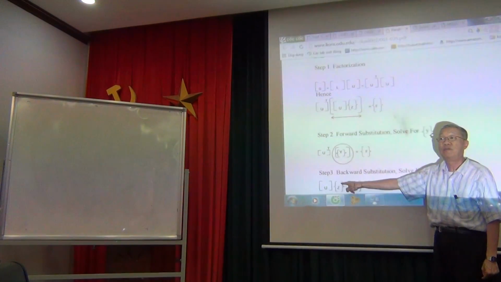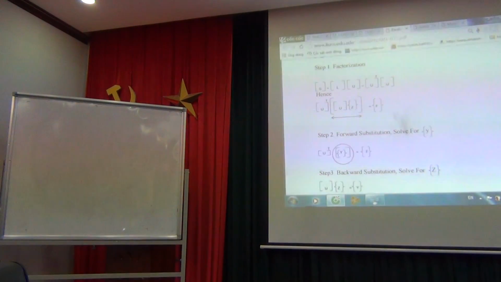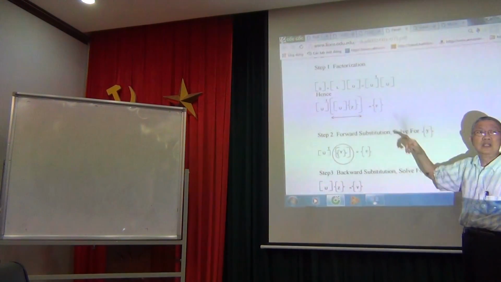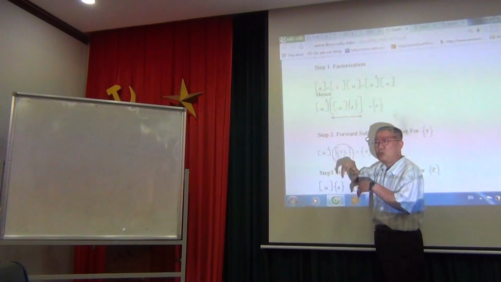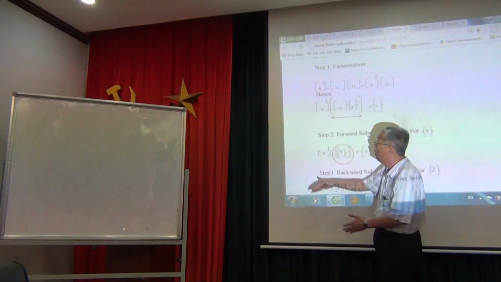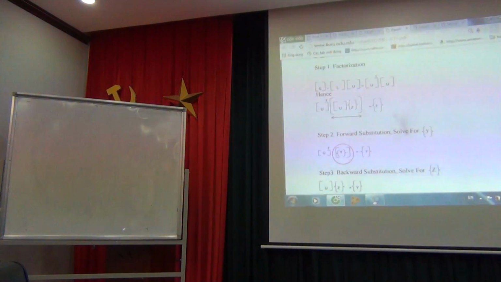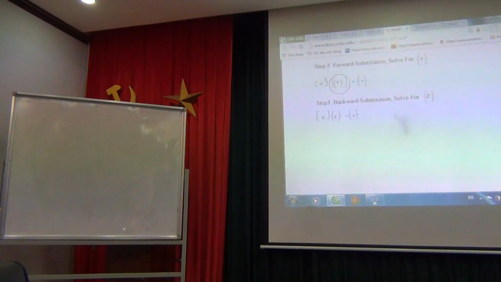Therefore, you can solve for Z. Among step 1, step 2, and step 3, step 1 is the most expensive. Step 1 is about 19 or 20 times more expensive than steps 2 and 3. So in the next slide, we explain how to obtain the matrix U in step 1.